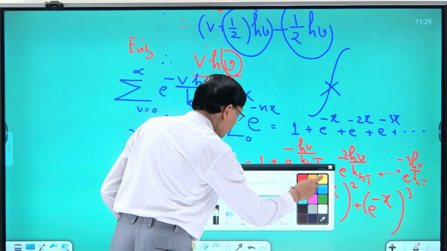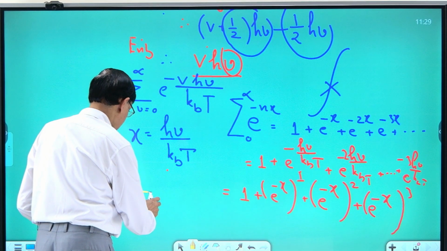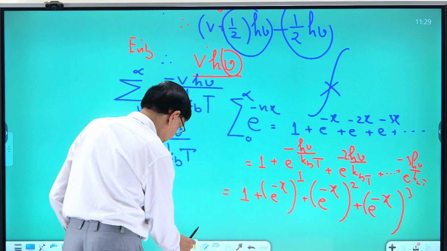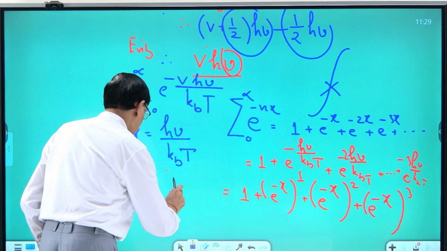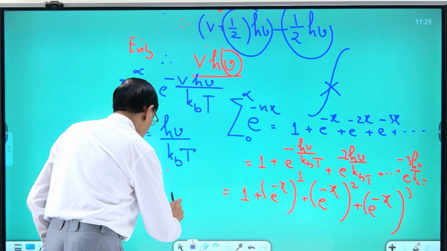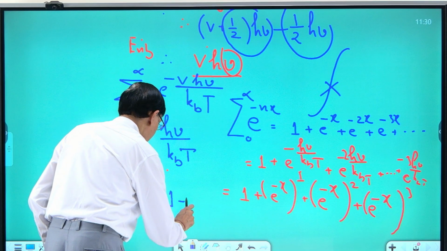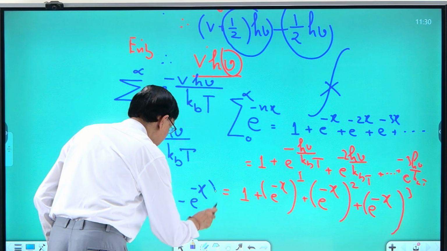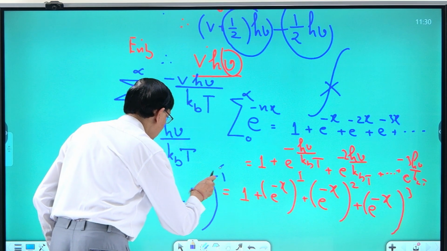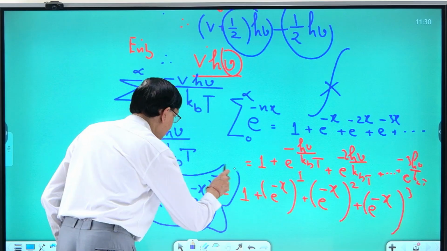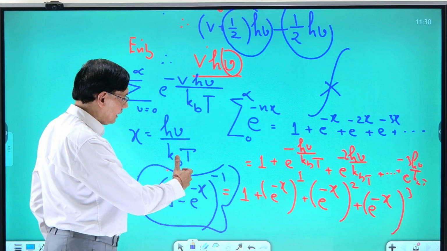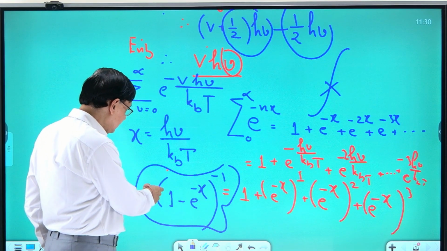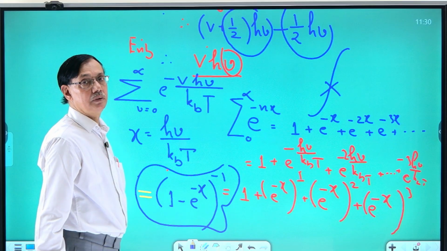Finally I can write, in yellow or even in blue color, 1 divided by 1 minus e to the minus x, and that gives this final expression. So it can be recognized as the binomial expansion of these terms.